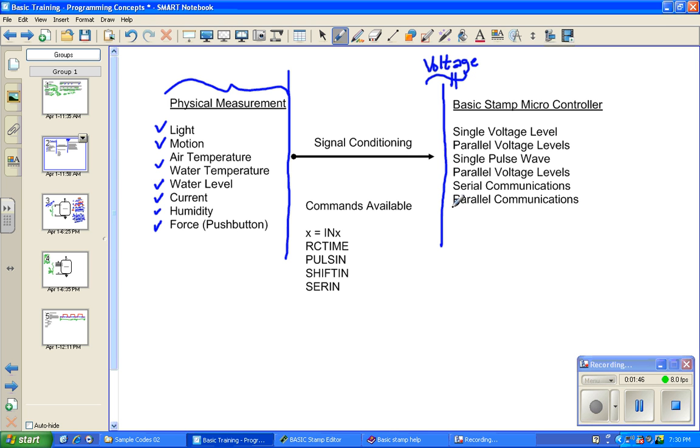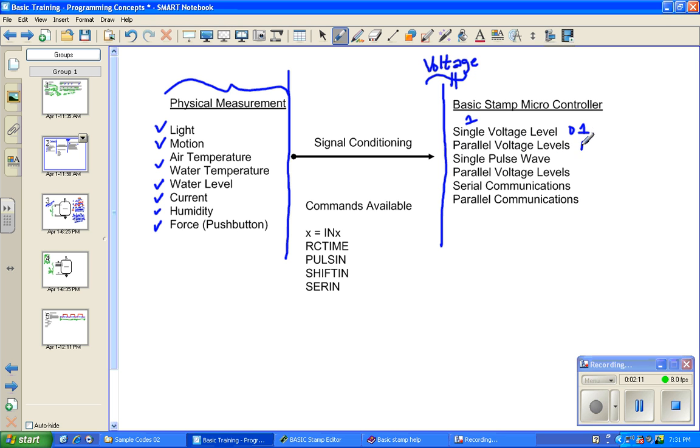And voltage comes in many forms. It could be just a single voltage level, like a 0 or a 1. Or you can have more than one wire connected to the microcontroller, as a parallel group of wires.